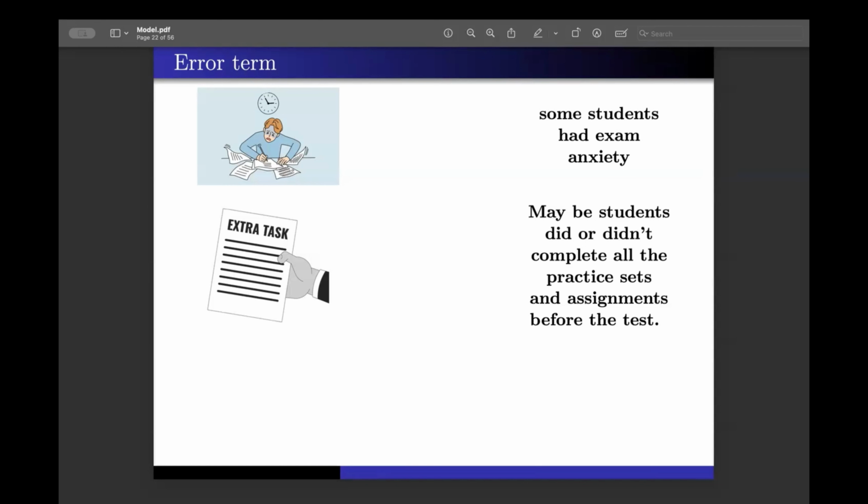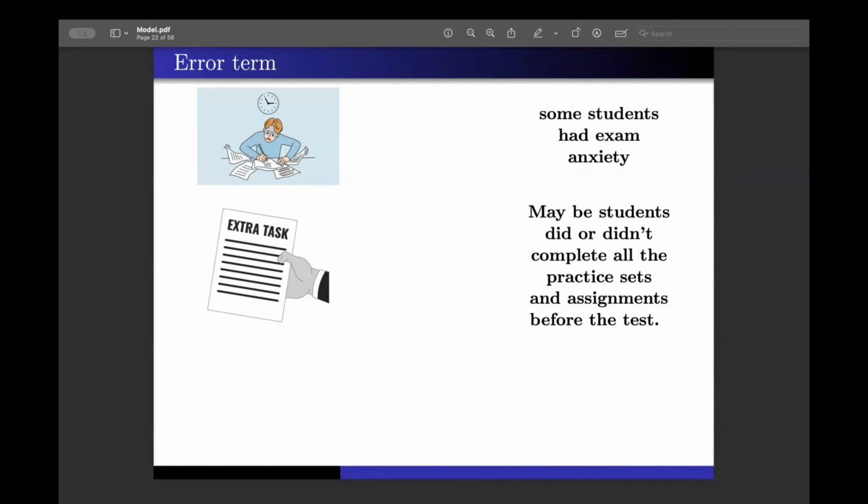If you are assigned some practice test, you might see some questions similar to the questions you have seen in the practice test. Now, if you don't practice all the questions present in the practice test, then it will be a bit difficult for you to perform well in the exam.